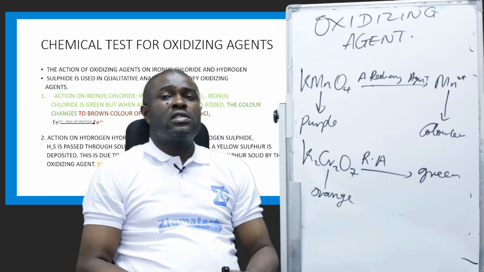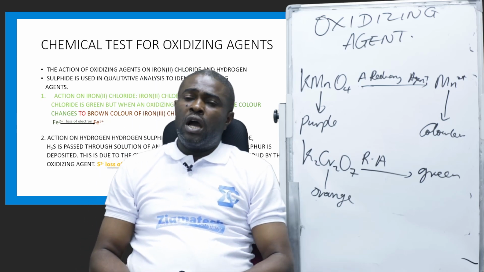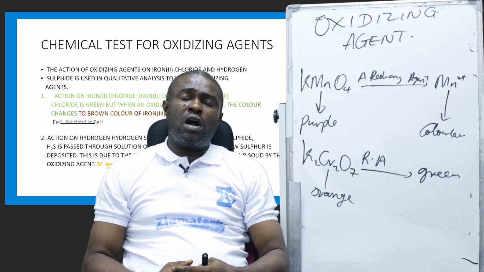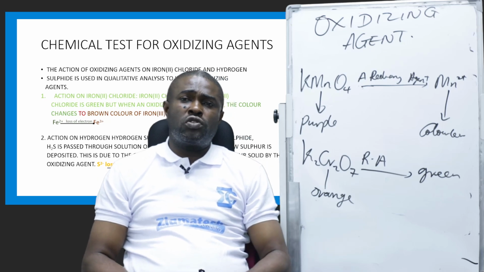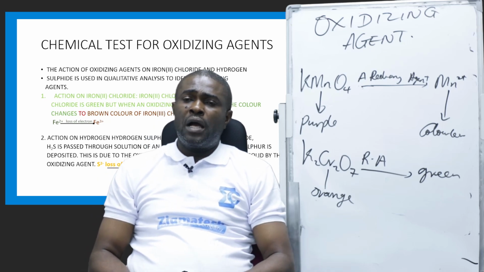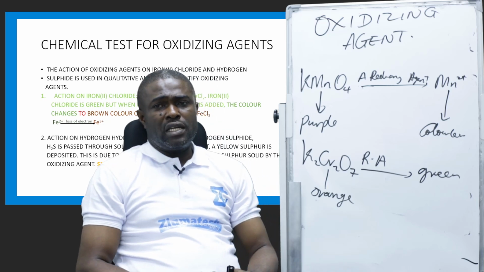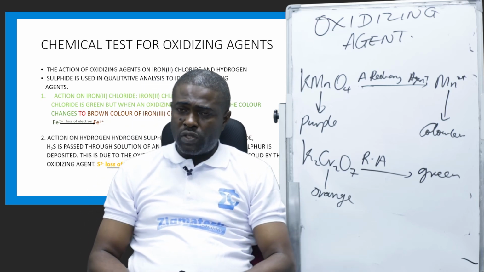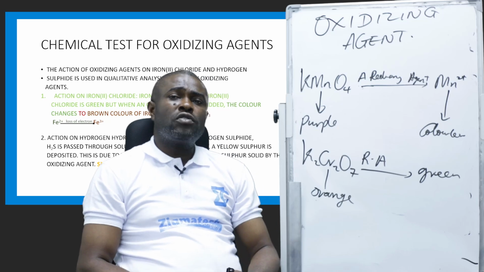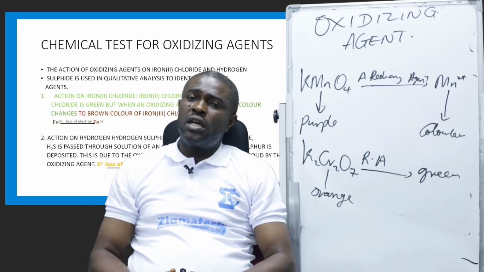Apart from this, other examples of reducing agents you should know are carbon 2 oxide, which is carbon monoxide, and hydrogen sulfide.